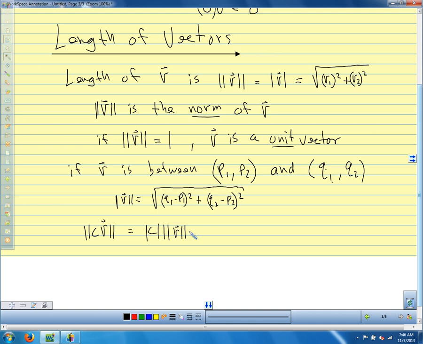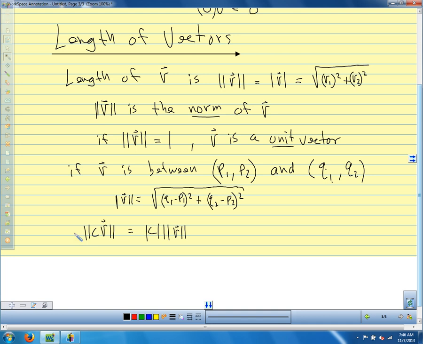Often what we are going to be interested in with particular vectors is finding a unit vector that is in the direction of some particular vector. So if our vector doesn't have a magnitude, doesn't have a length of 1, we want to find a vector with length 1 in that same direction, because we're just interested in the direction, not the length of the vector.